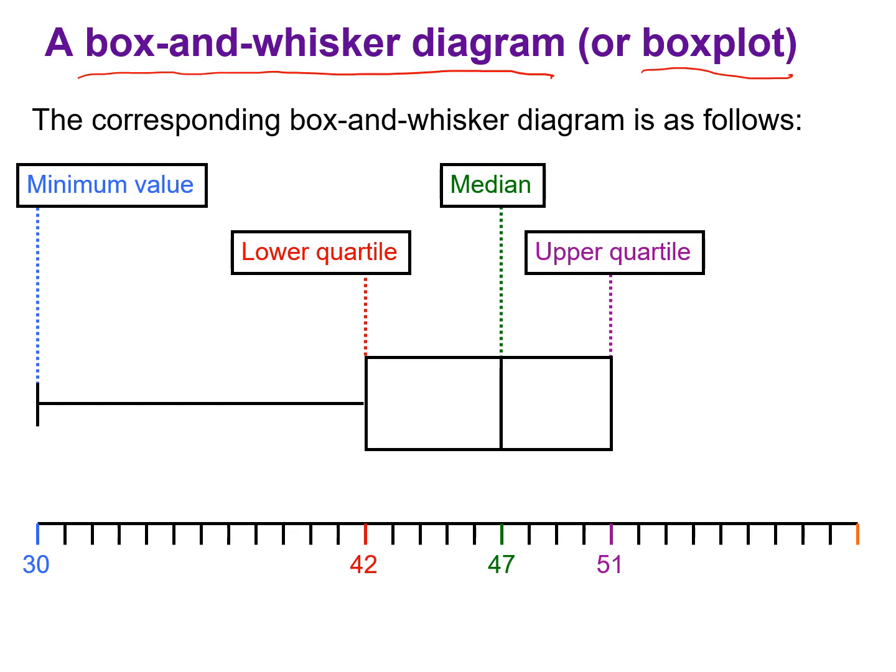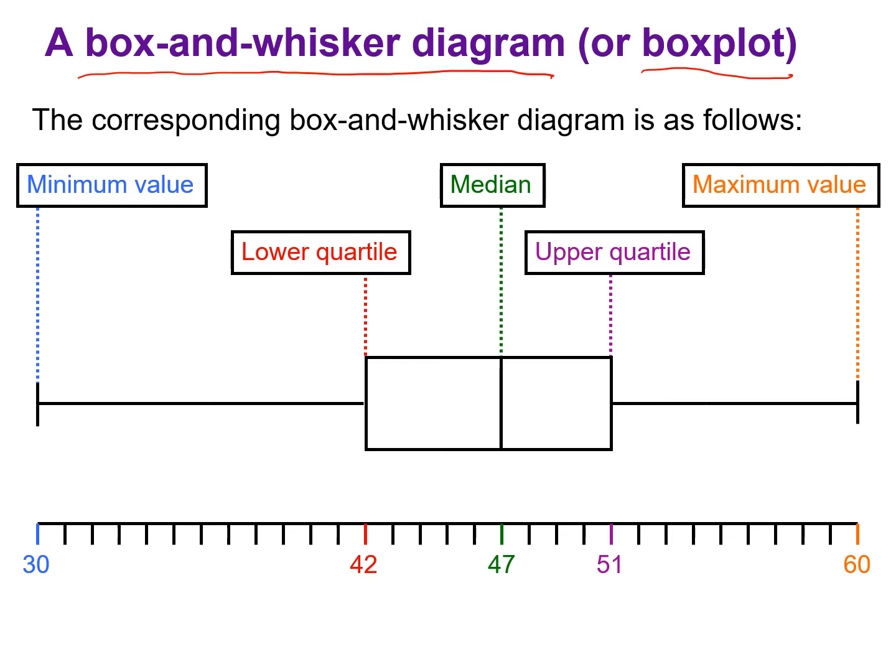So for our holding our breath, the minimum value was 30, so we draw a whisker out to 30, and then the right-hand side whisker goes out to the maximum value. So the whole thing with the box and the whiskers shows you the range, whereas the box shows you the interquartile range. That is what your box and whisker diagram looks like.